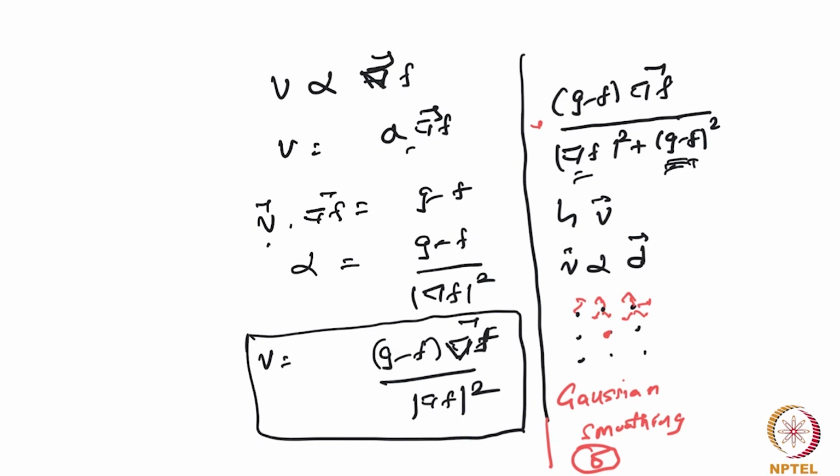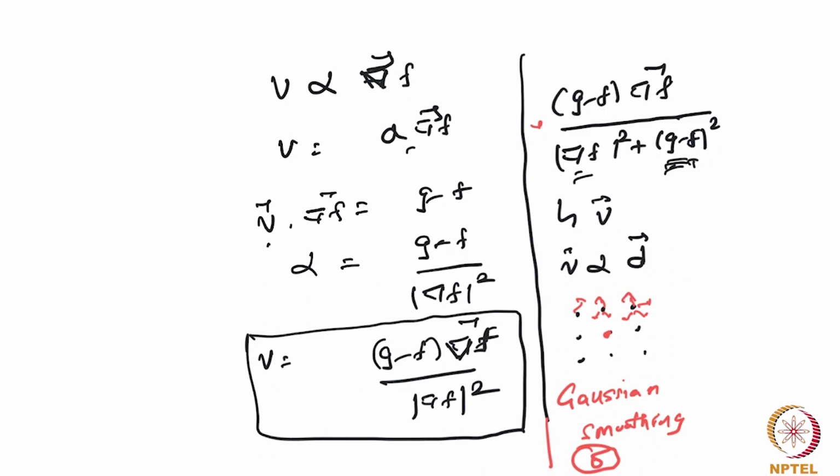Also note that we are trying to approximate V using the direction of the gradient of f and the magnitude of the gradient of f. You might ask why we would want to do that. One way of understanding is that we want to move in the direction where there is more heterogeneity, where there is the greatest change in the image.